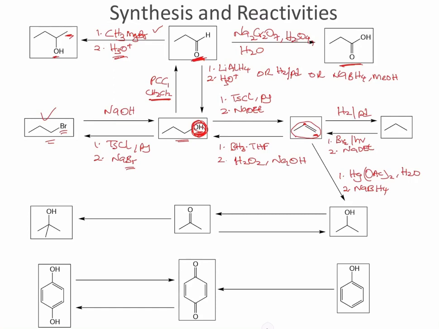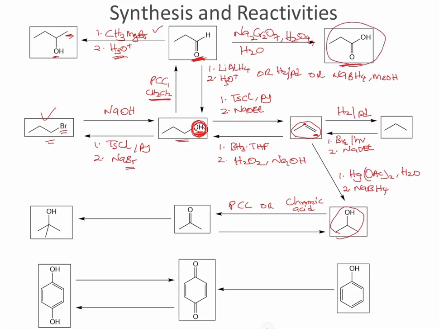Moving to the bottom, with our secondary alcohol, we can oxidize this to a ketone, in this case acetone, by using the methods we already mentioned. So here we can use PCC, or we can simply use the chromic acid. Because this is not a primary alcohol, there's no way to synthesize the carboxylic acid.